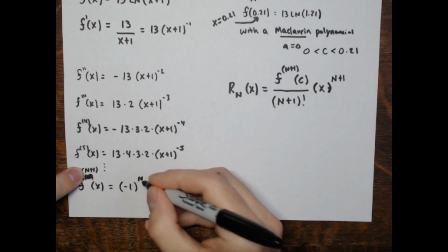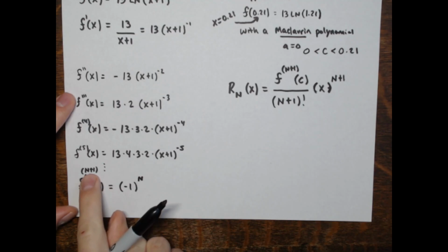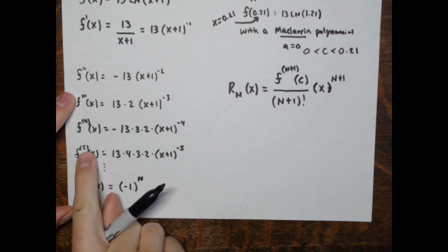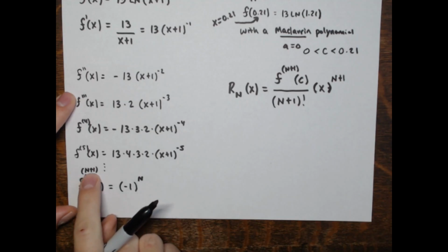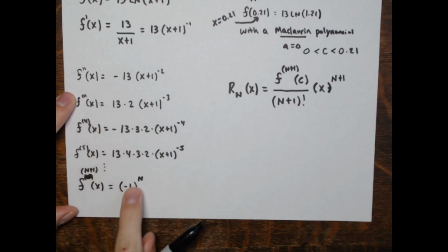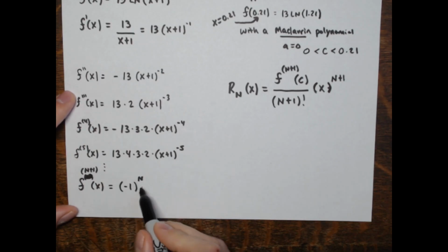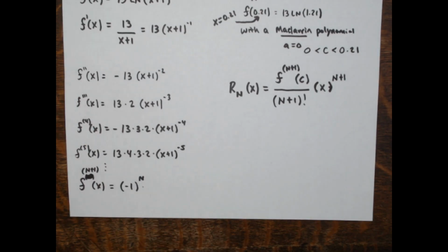So just negative 1 to the capital N. When n is even, you have the odd derivative, and then negative 1 when even is a positive. When n is odd, this will be an even derivative, and negative 1 to an odd is negative. So negative 1 to the capital N, and that's going to go away anyway, because we're going to look at the absolute value. Absolute error. We're going to look at the absolute value of these things.